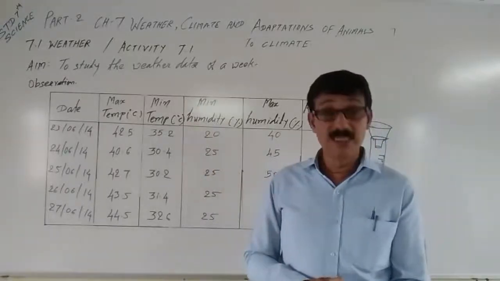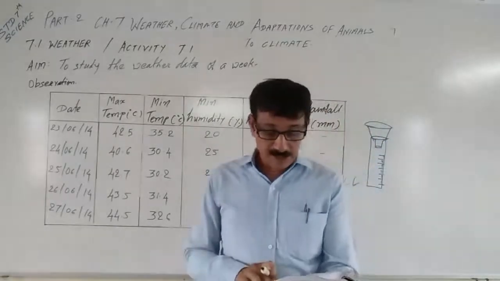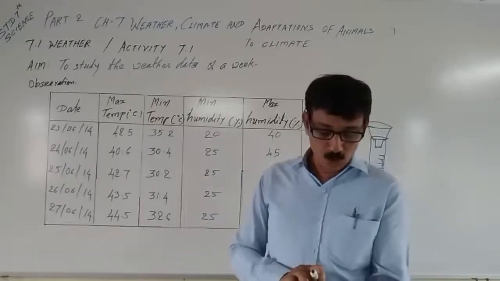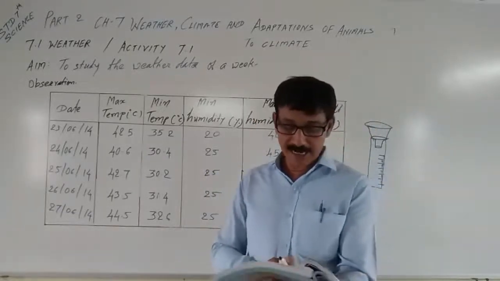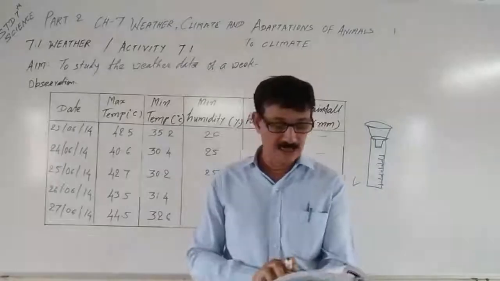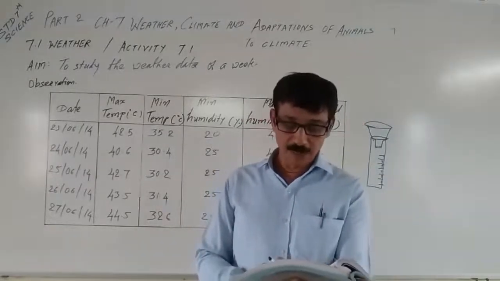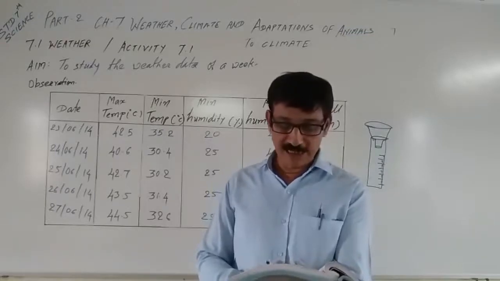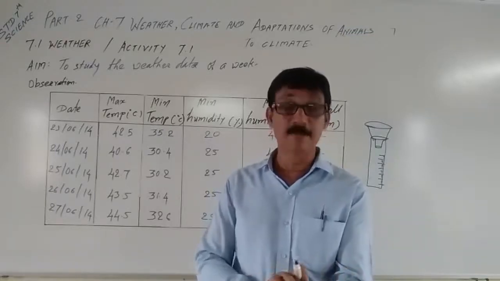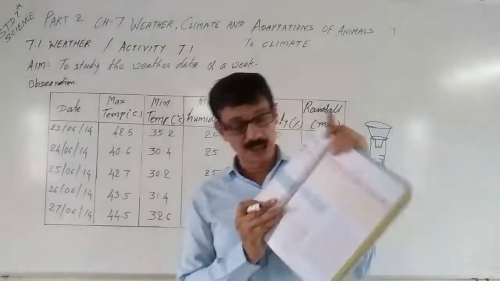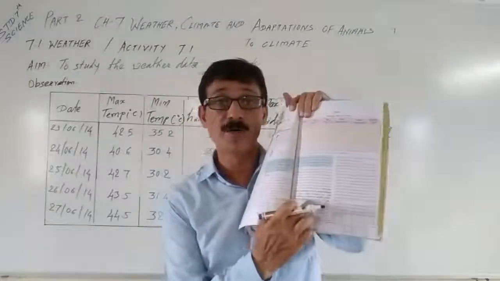So let's go. The bold letters are there. The day-to-day conditions of the atmosphere at a place with respect to temperature, humidity, rainfall, wind speed, etc. is called the weather at that place. You must underline this.